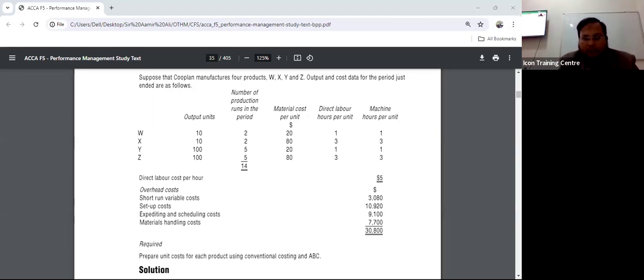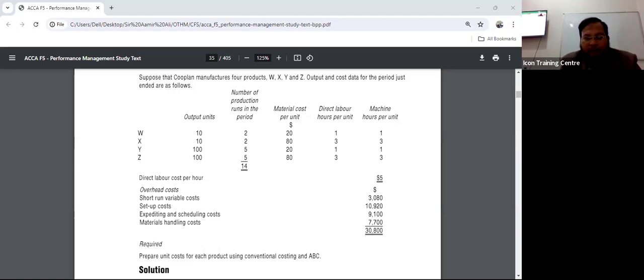For X, 10. For Y, 100. For Z, 100. Then we have the number of production runs: 2, 2, 5, 5.